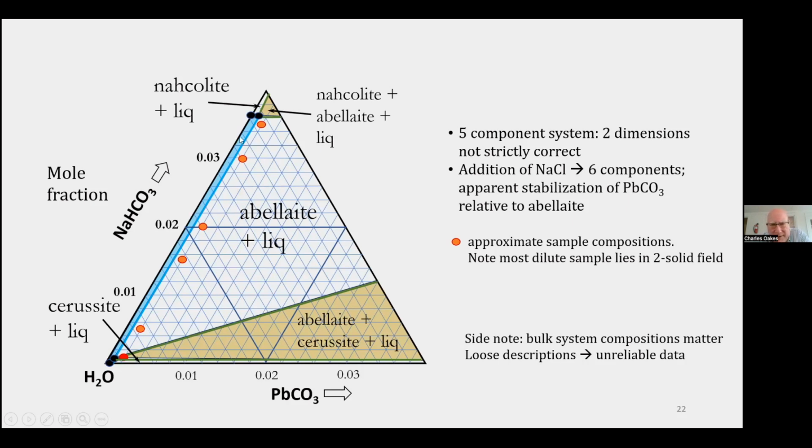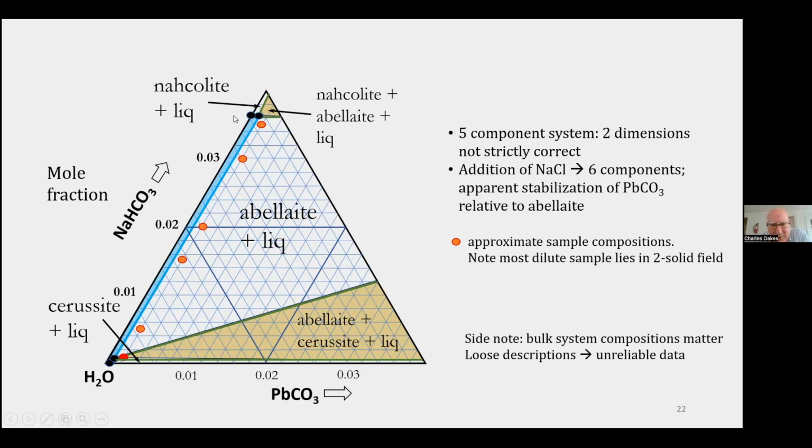And these orange dots are close to his actual reported sample compositions. The way I've drawn my cartoon, this is just my interpretation of the way things should look. His compositions, all but this most dilute one, lie within the single solid plus liquid field.